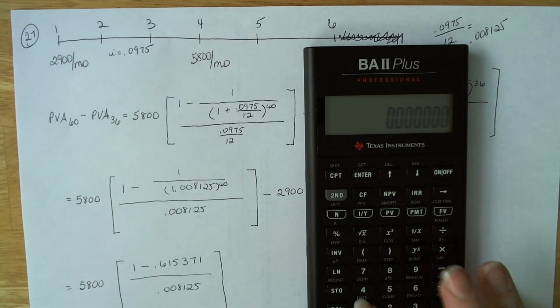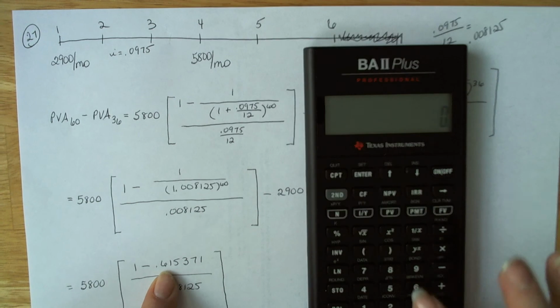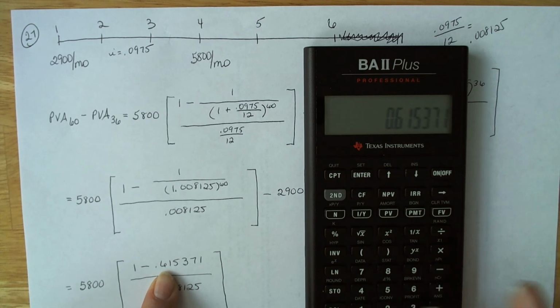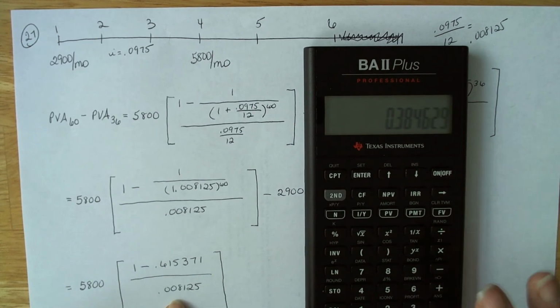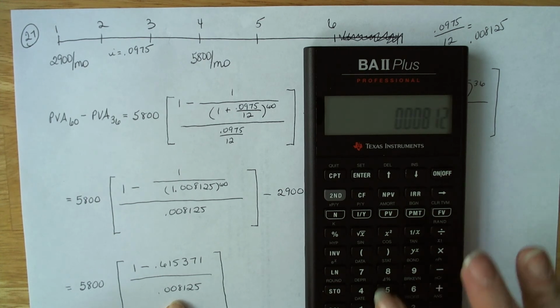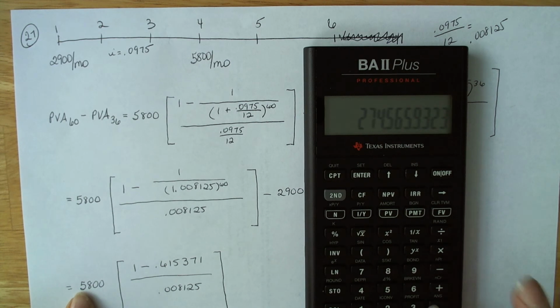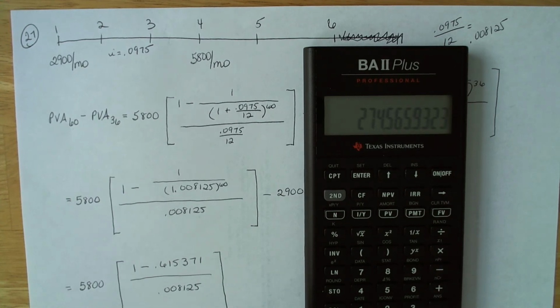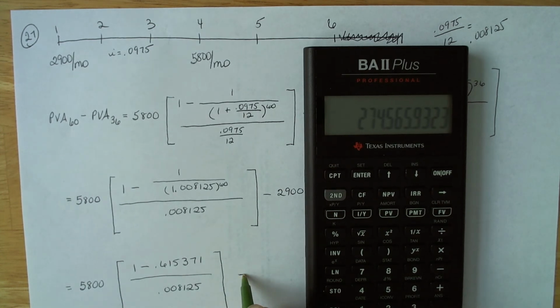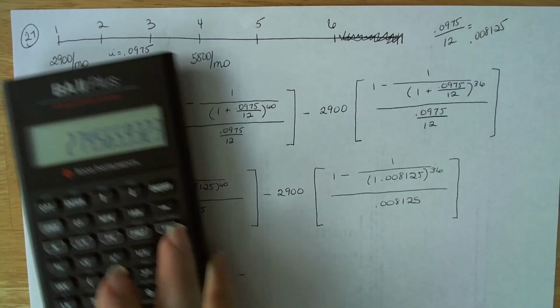And then when we do this all the way through, 1 minus 0.615371 equals, divided by 0.008125 times 5,800, we get for this first part $274,565.9323. But we still have to subtract out that $2,900.